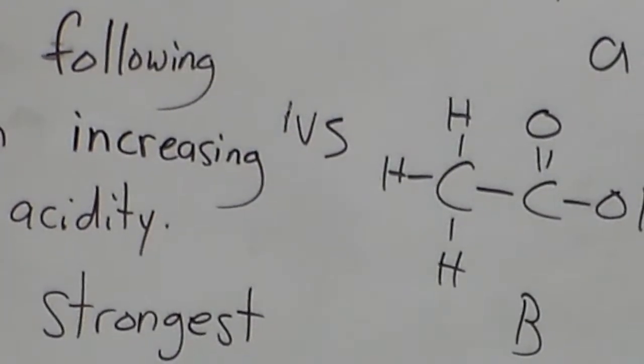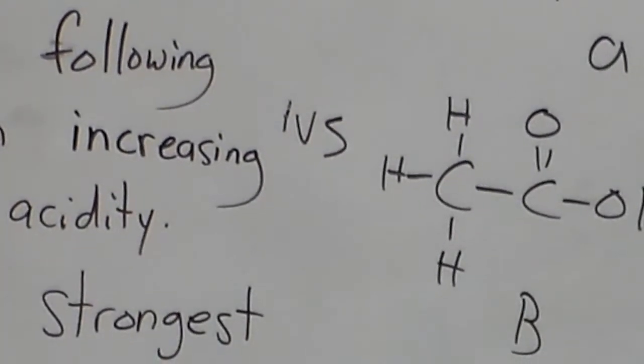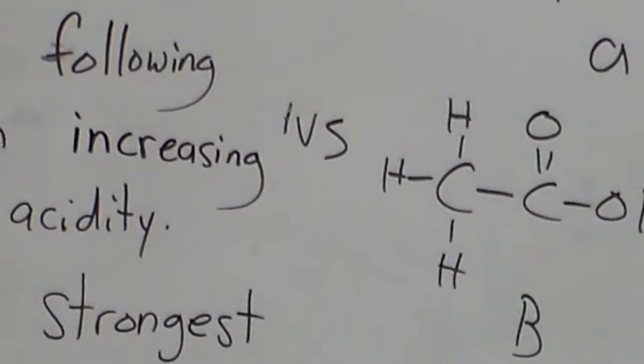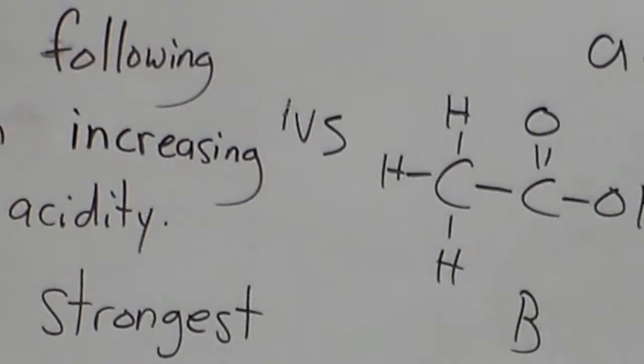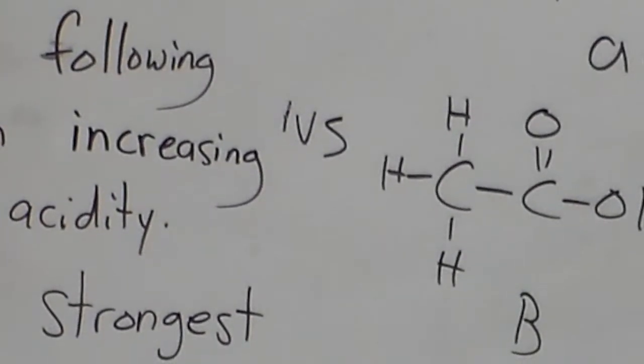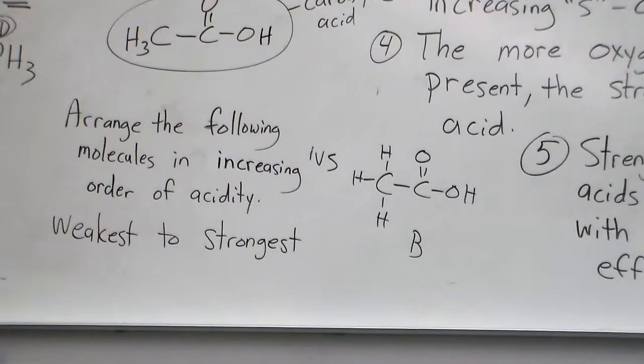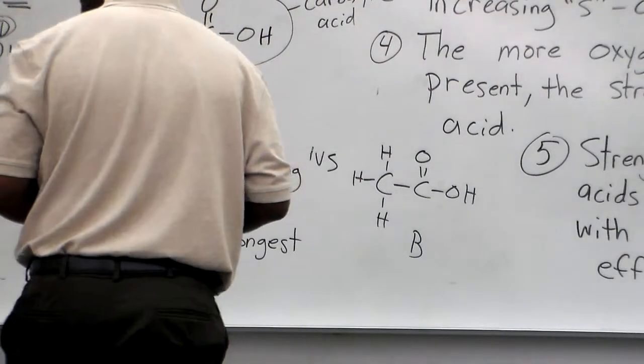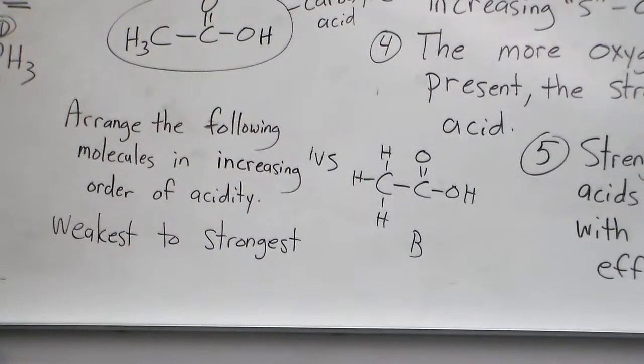So now we know what order we want before we start doing anything with the molecules. Now we look at the molecules and at the atoms that the hydrogen is directly attached to. We're attached to a carbon, chlorine, sulfur, phosphorus, carbon. We're going to take those.